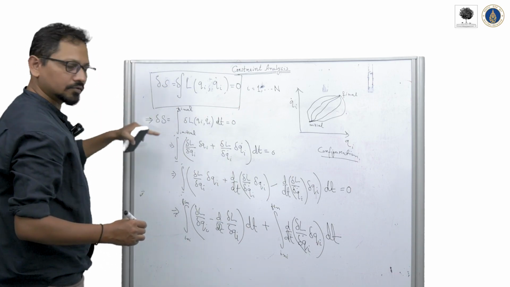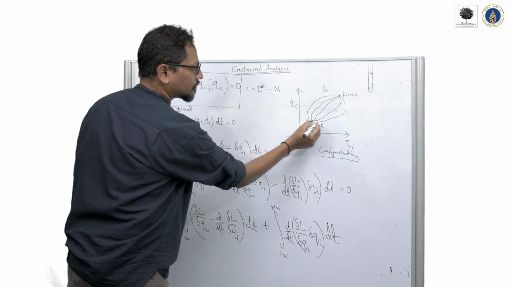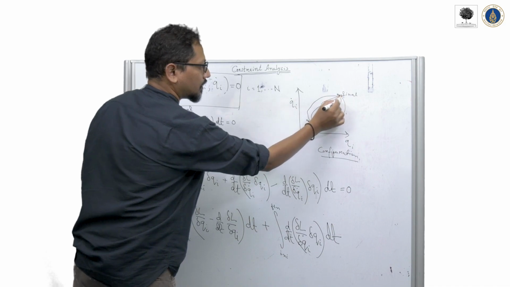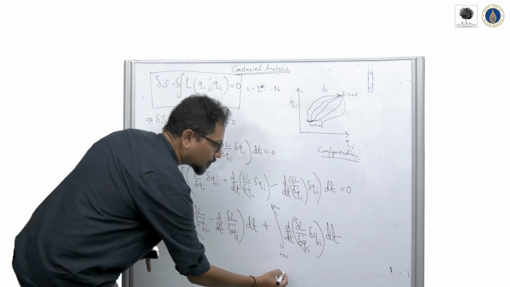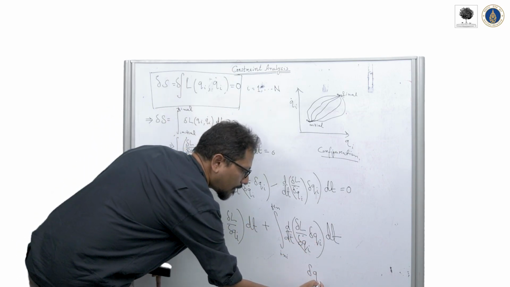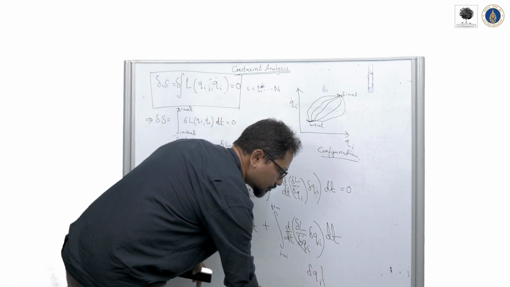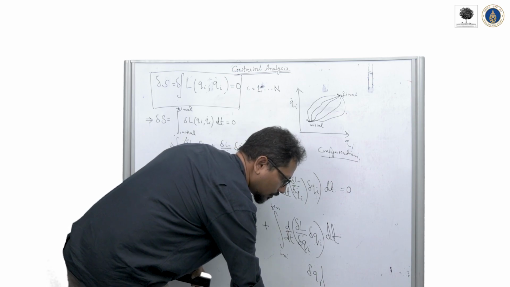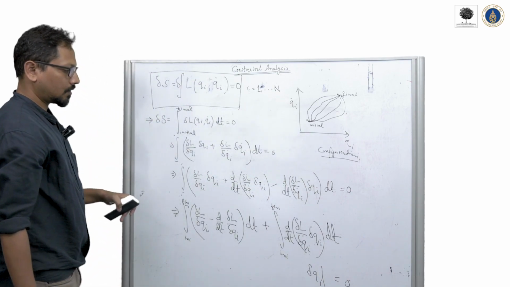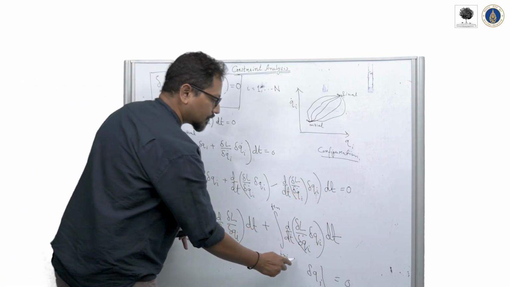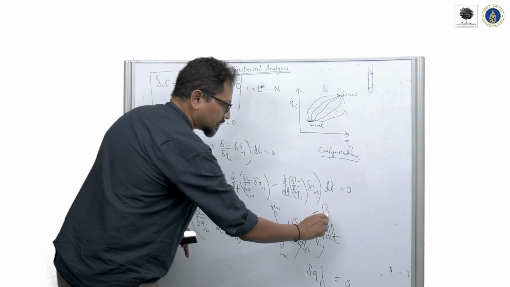The least action principle says that there is no delta variation at the end points. So there is no delta variation at the end points, meaning that delta q for each particle at the initial or final points is 0. Therefore the integration of the total derivative vanishes, and this is precisely called the boundary term.